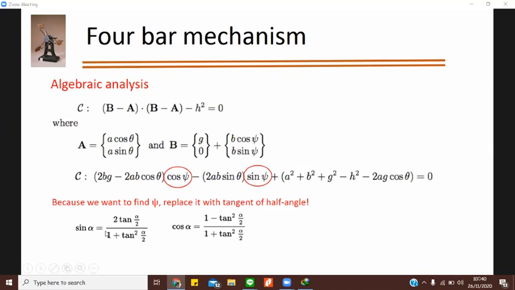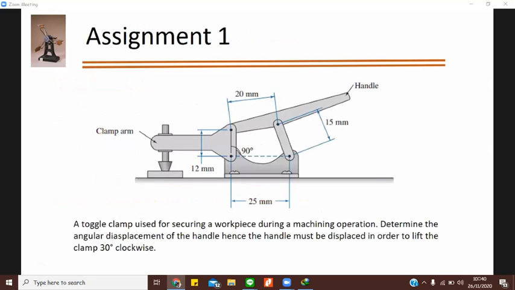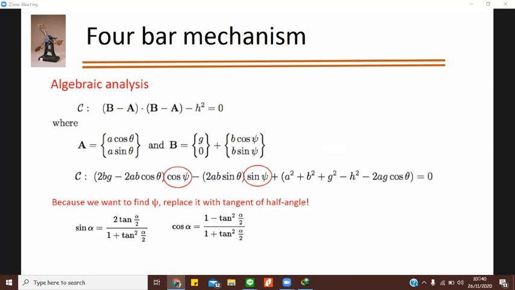Like sin alpha, you can write it as 2 tan(alpha/2) divided by 1 plus tan square(alpha/2), and cos alpha we can write it like this. Similarly you will do it over here. Because you want to find psi, you will replace it with the tangent of half angle. So this is how you will do the algebraic analysis.